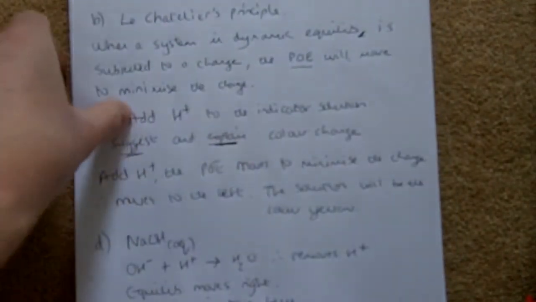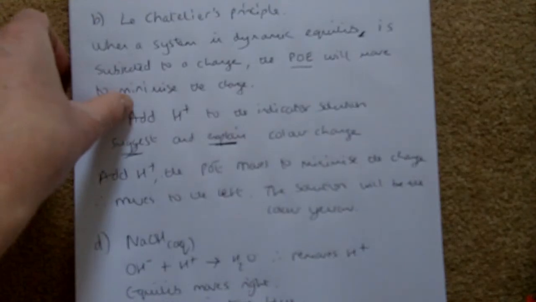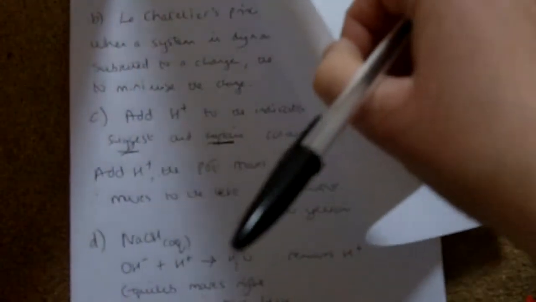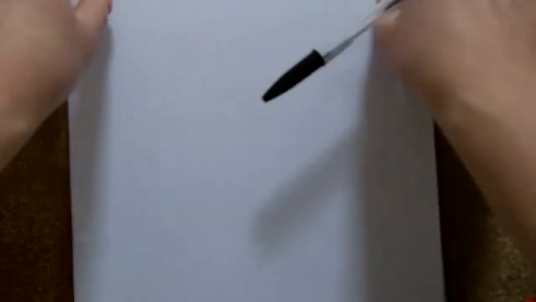Right, this is a different exam question, still from an OCR A-level chemistry paper 2. Okay, so this question is about calcium carbonate.